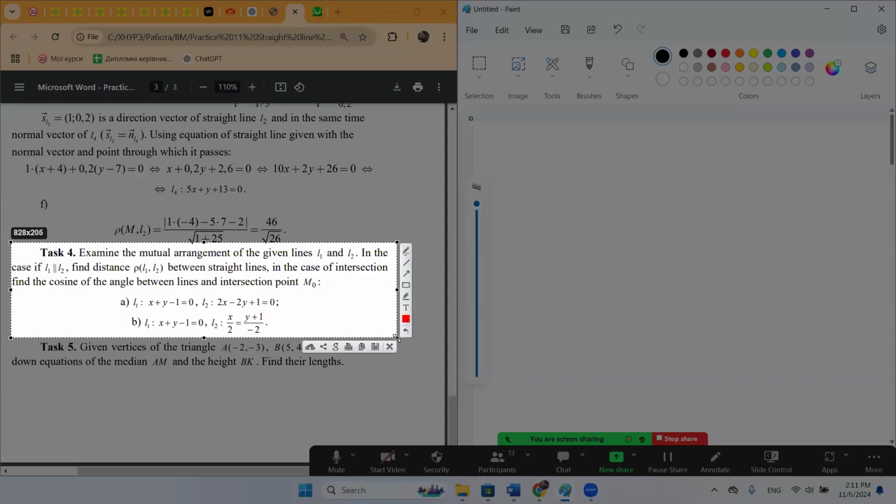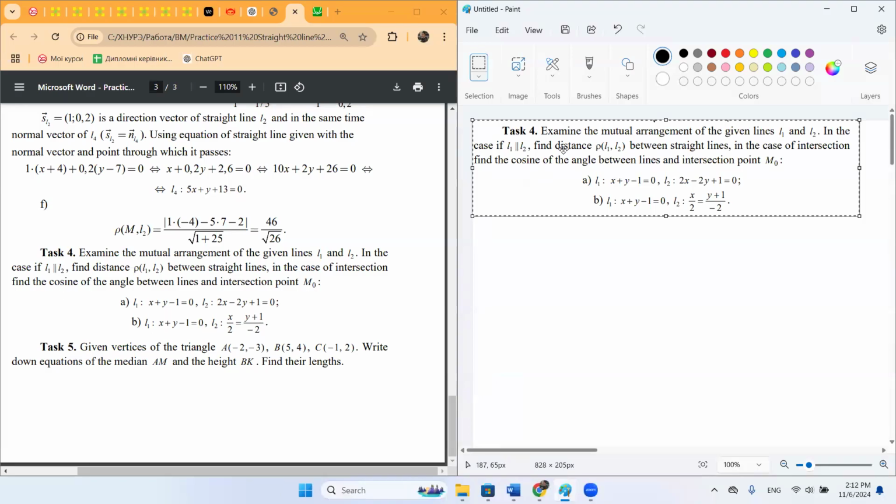So exercise 4. We need to examine if lines L1 and L2 are parallel or they intersect, and if they're parallel, we need to find the distance between them. If they intersect, we need to find the intersection point.